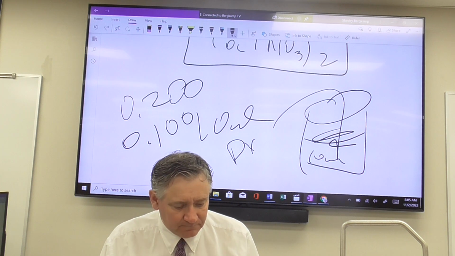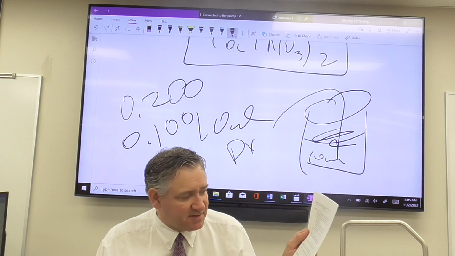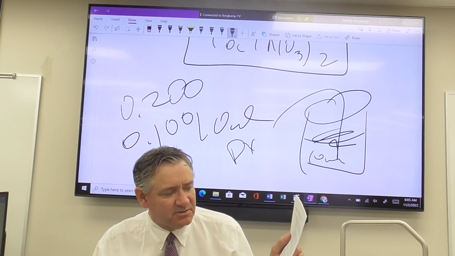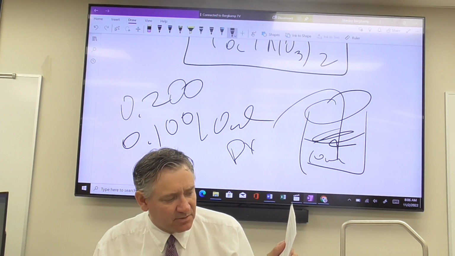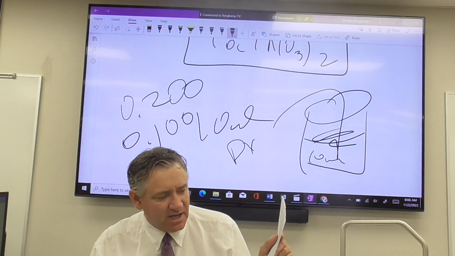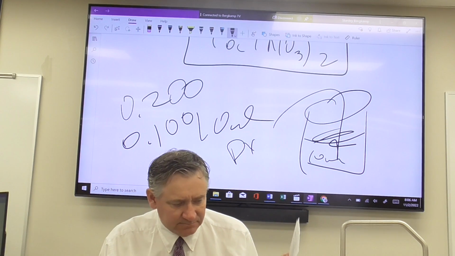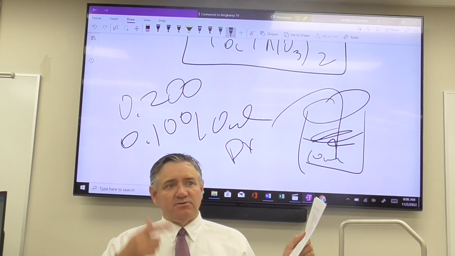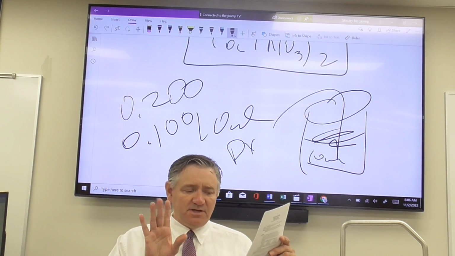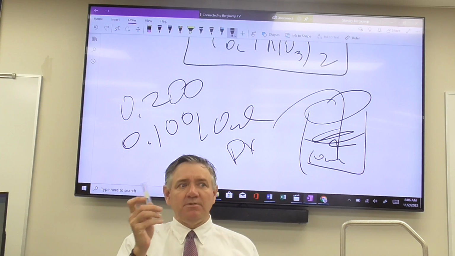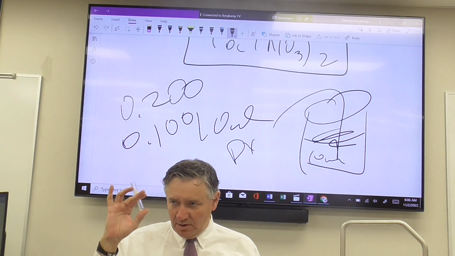is, on question number 6 on this back side, it says, would you predict a solution would conduct electricity if 3 drops of 0.2 molar potassium chloride were added to a test tube half full of methyl alcohol, and explain your rationale. So you're going to sit there and go, okay, what do I think is going to happen? Here's the deal. You're going to have a test tube half full of methyl alcohol.